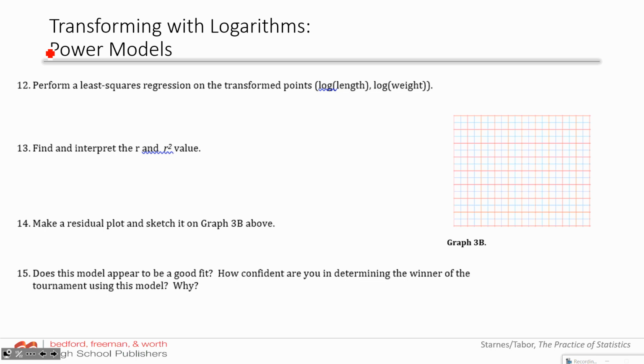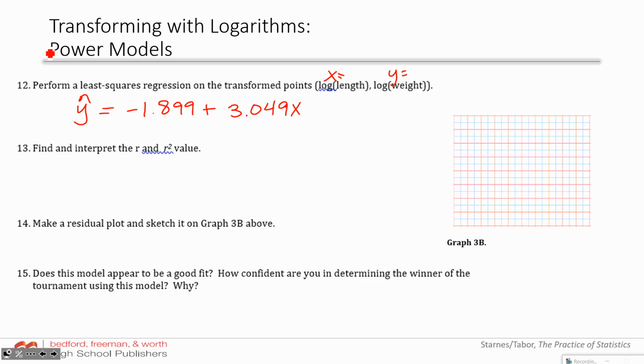So my least squares regression equation was y hat is equal to negative 1.899 plus 3.049x. But don't forget, this is not just like a regular x and y, we used x being the log of length and y being the log of weight, right?